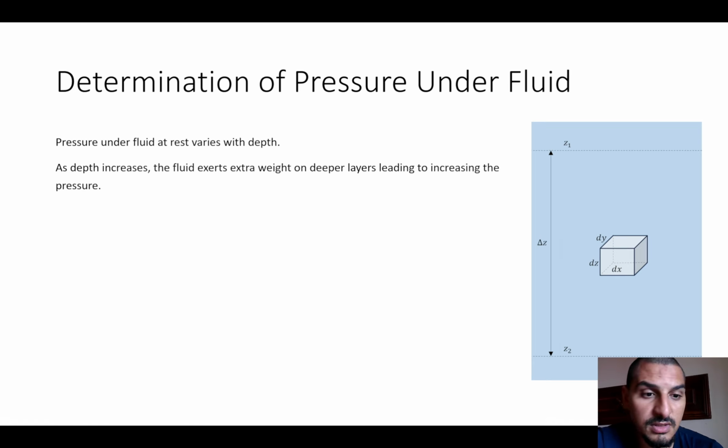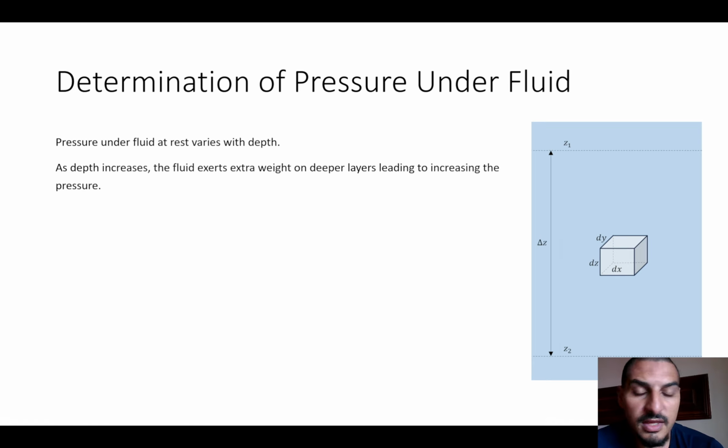We're only concerned with the vertical forces because we know that the depth is the only parameter that affects the pressure. If we do the derivation in the horizontal direction, it's going to cancel out. It's going to be the same force from both directions, so there is nothing that we can get out of this.